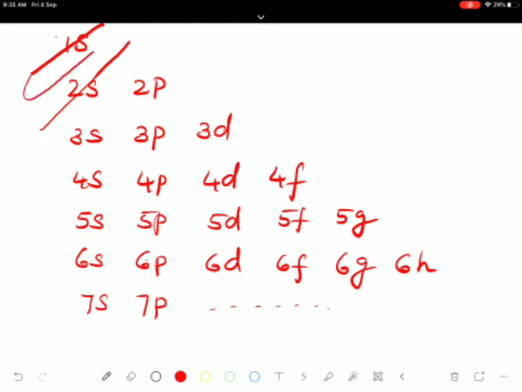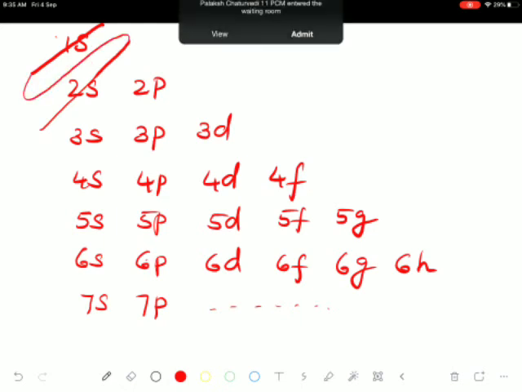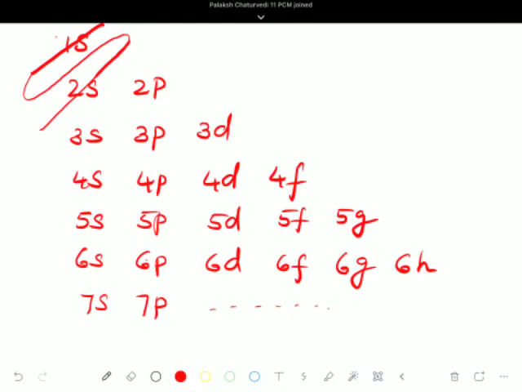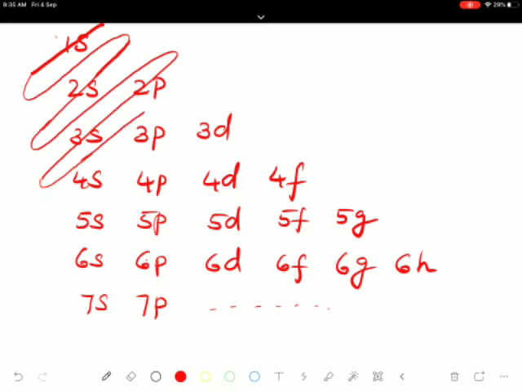So I will be connecting this like this. After 2s, 2p, then 3s. After 3s, going through the middle, 3p, 4s.